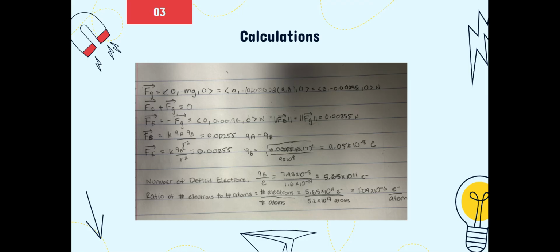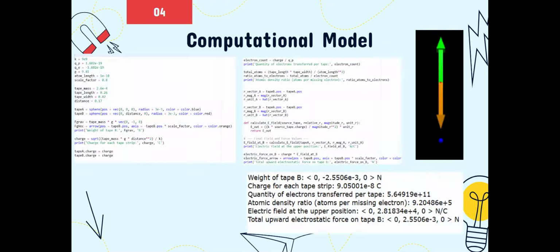Then we plug that in to find the charge on tape B using Coulomb's law, which is 9.05 times 10 to the negative 8 coulombs. To find the number of deficit electrons, we divide that by the charge of a proton, which gives 5.65 times 10 to the 11. And then to find the ratio of electrons to atoms, we divide the number of electrons by the number of atoms, which gave us 1.09 times 10 to the negative 6 electrons per atom.